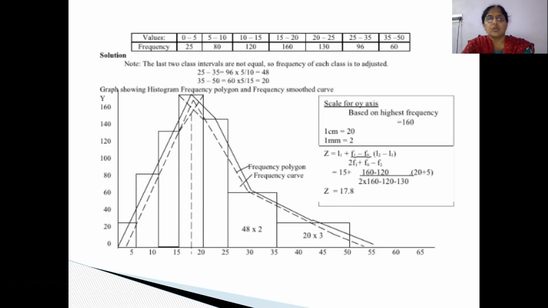I think we have understood how it is to be shown graphically also, because these two, median and mode, are positional averages. They can be shown not only problematically, but also graphically. So now I am concluding this chapter, this unit, and thank you.